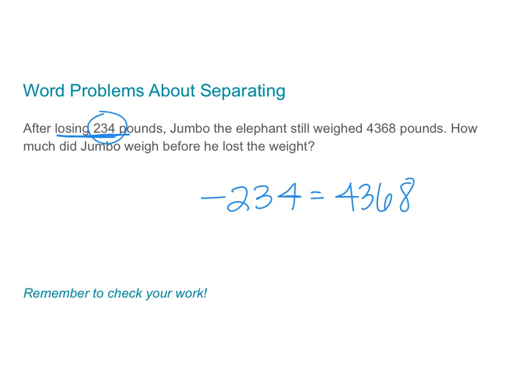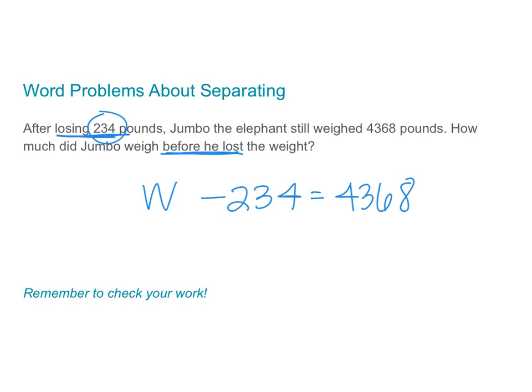We want to know how much Jumbo weighed before he lost that 234 pounds. So right here, my W is going to represent weight. Some of you used a different letter to represent that unknown amount. I'm using the weight that Jumbo was before he lost 234 pounds. So this is what your subtraction equation should look like.